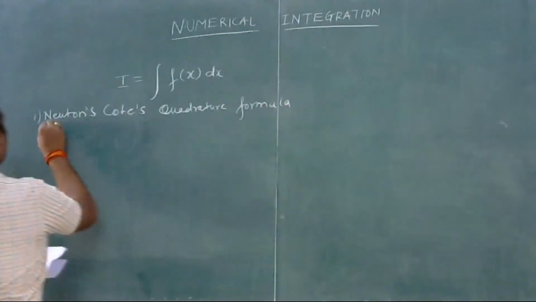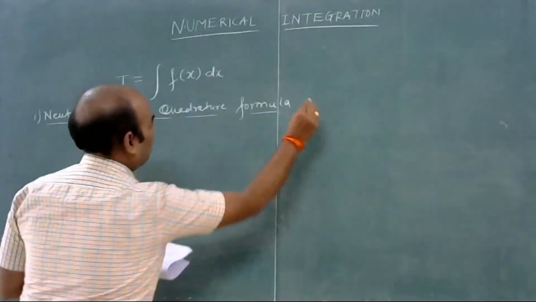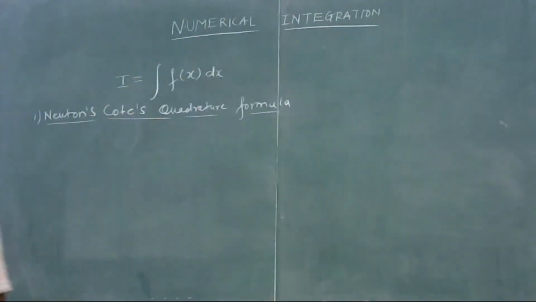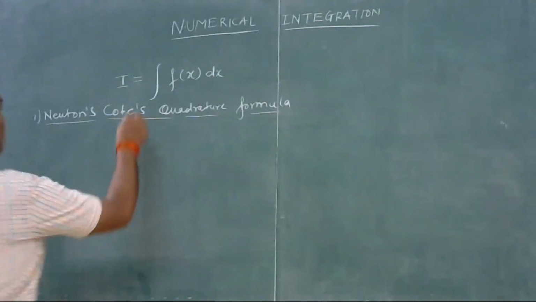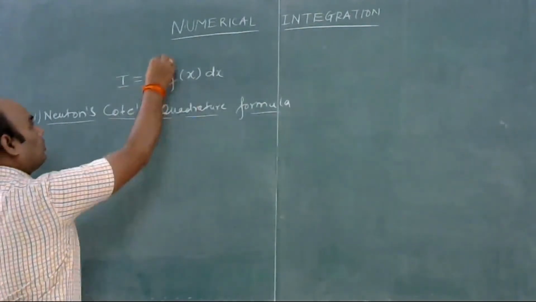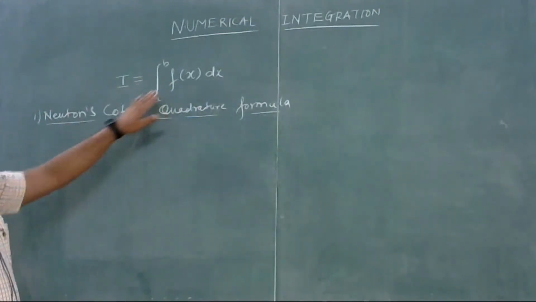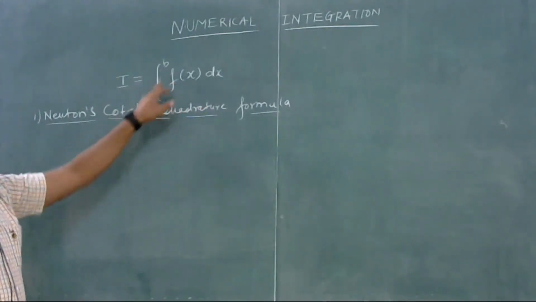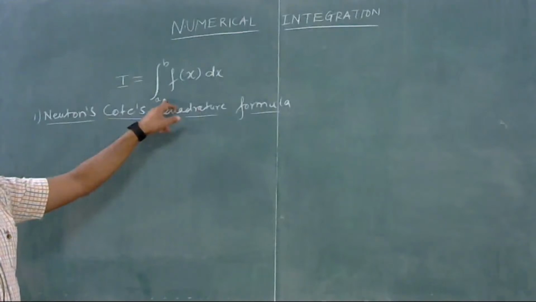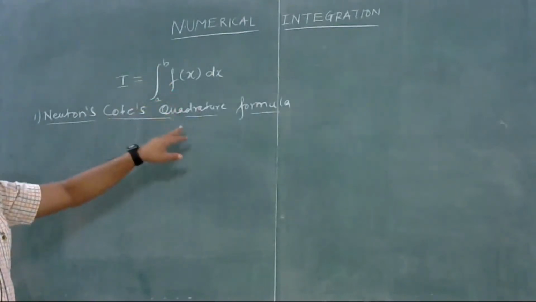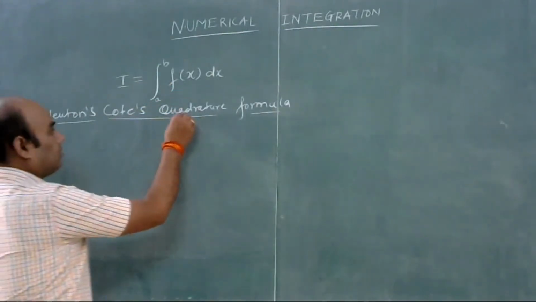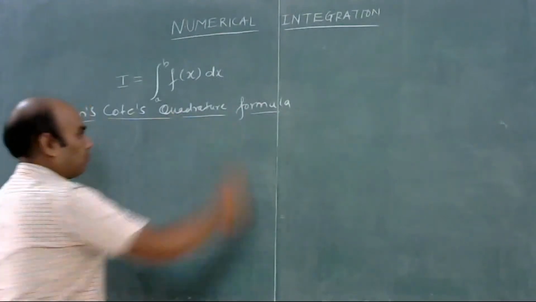Okay, so first we derive this Newton's Cotes formula, and then we'll find various quadrature formulas. In order to find the integration I is equal to integral from a to b of f of x dx, we will find the integration of f of x in the given limit using numerical interpolation, different quadrature formulas.